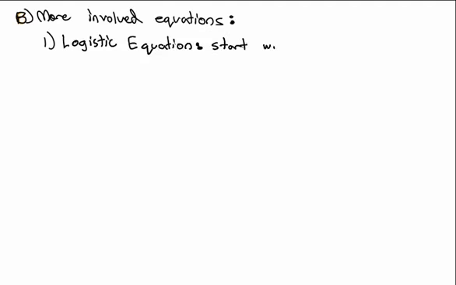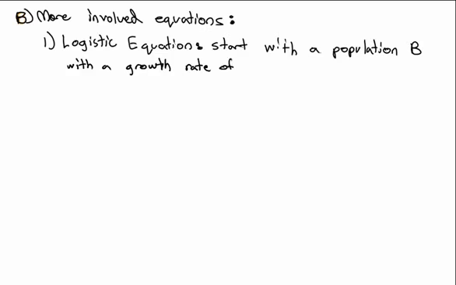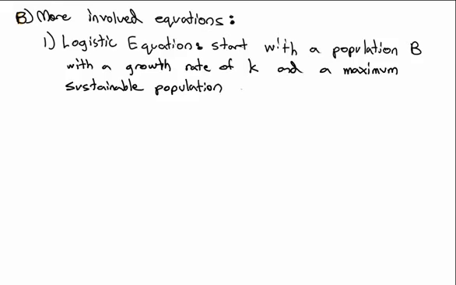If you start with the population, call the starting population B for beginning population, with a growth rate of K and a maximum sustainable population of M for maximum, it grows over time.